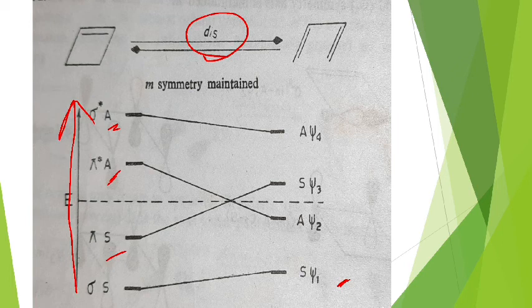Now correlate the reactant orbitals to product orbitals. The sigma orbital correlates with the psi1 orbital with respect to mirror plane, and the pi orbital correlates with psi3 orbital instead of psi2, and the pi star orbital correlates with psi2 instead of psi3. So here the first excited state of molecular orbitals correlates with the first excited state orbitals of product.